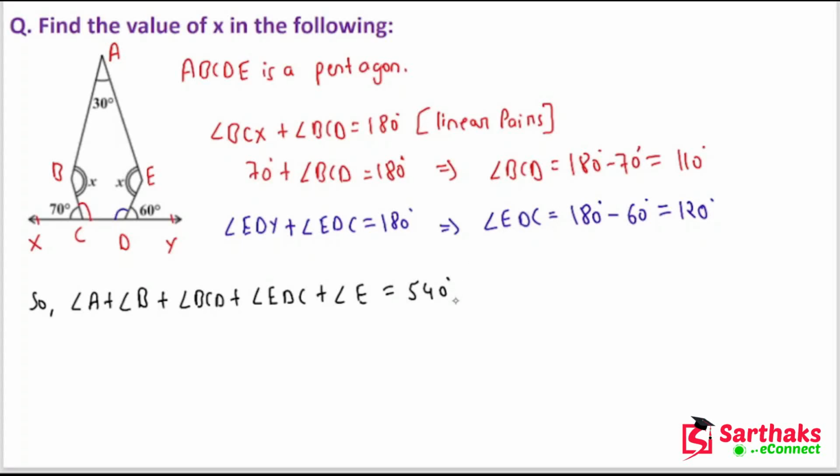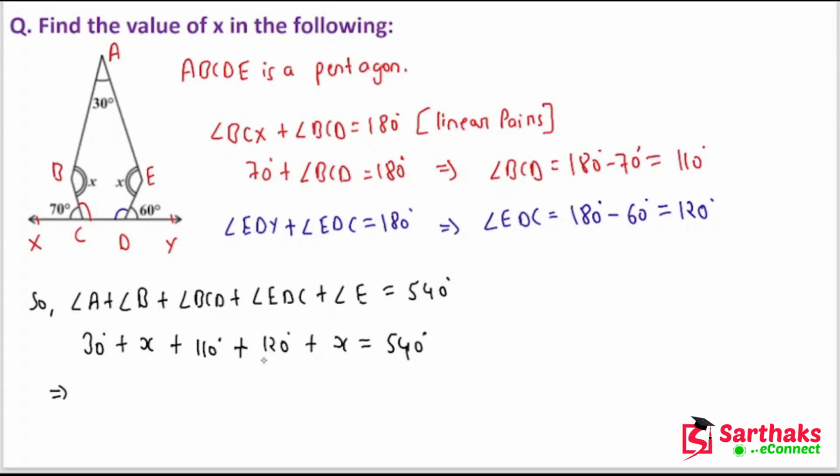This is the angle sum property of a pentagon, right? Now angle A is 30 degrees, angle B is x, angle BCD we have just calculated to be 110 degrees, angle EDC we have calculated to be 120 degrees, and angle E is again x, and we are getting the sum as 540 degrees, right?